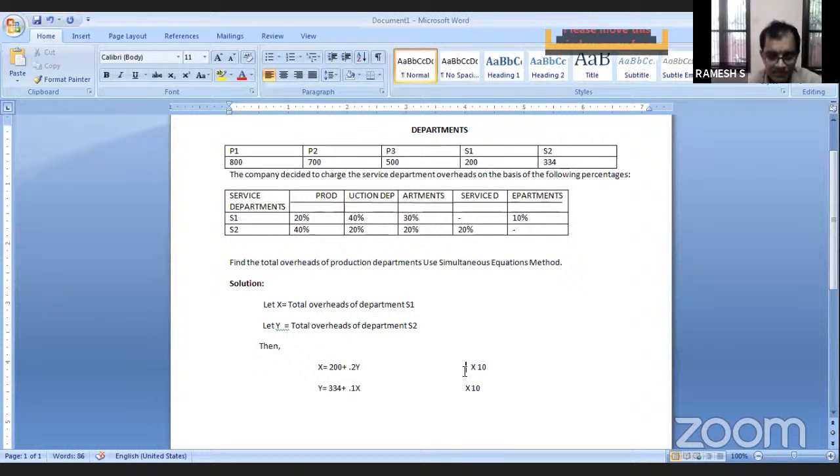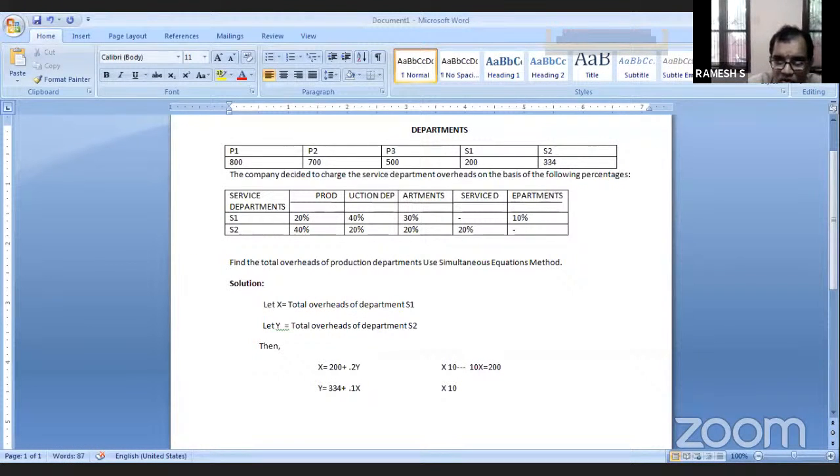Okay. Now how to do it, I will tell. So into 10 will give us. This entire equation you have to multiply with 10. So 10 into x will give us 10x is equal to 200 into 10.